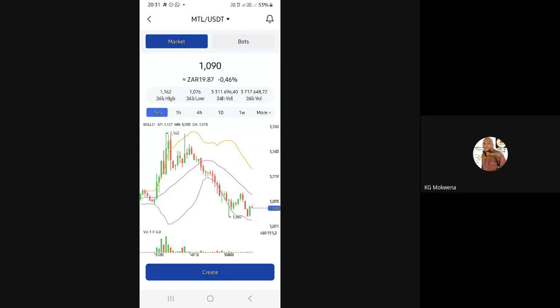If the market went to 1,093, then we should be anticipating that the robot has sold for us. Immediately when we come out of this page, we expect that the robot has taken a profit. Do you understand? As the market goes down like this.